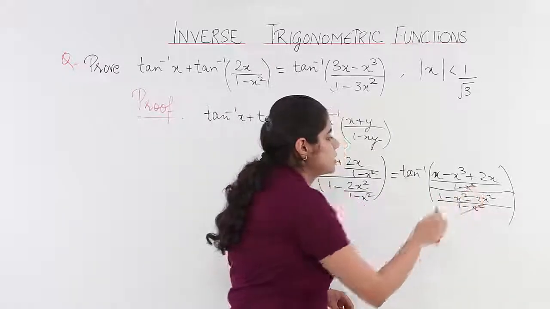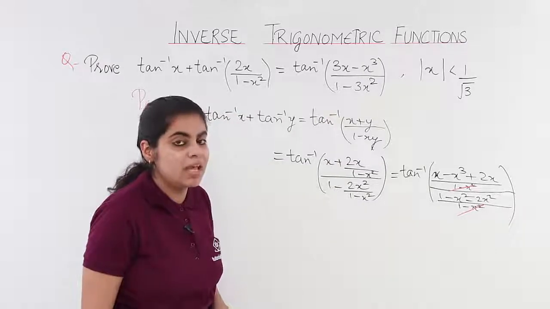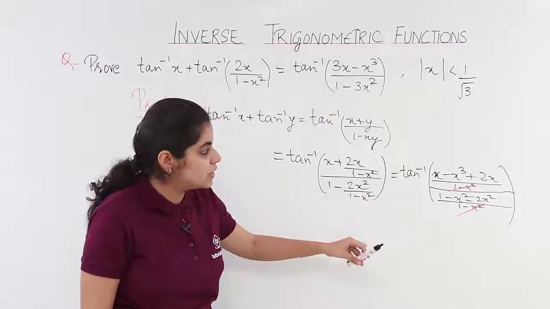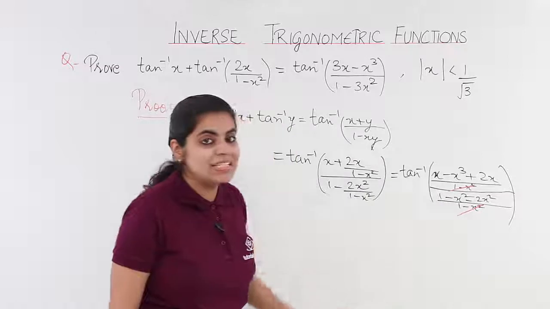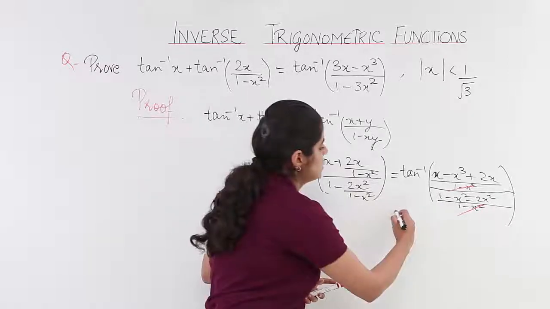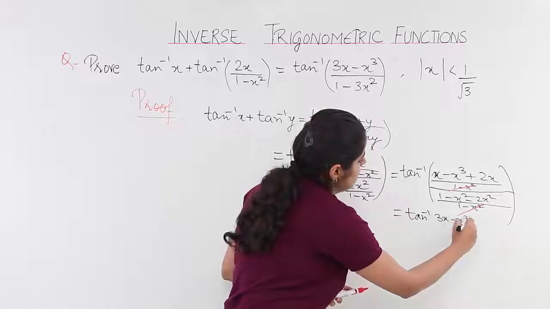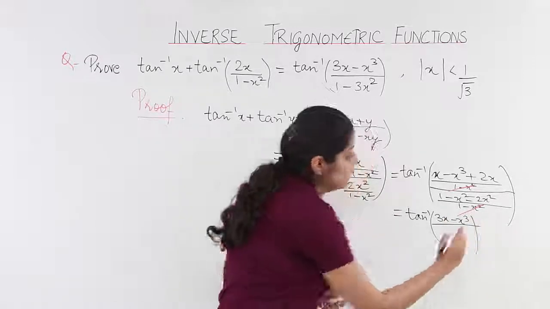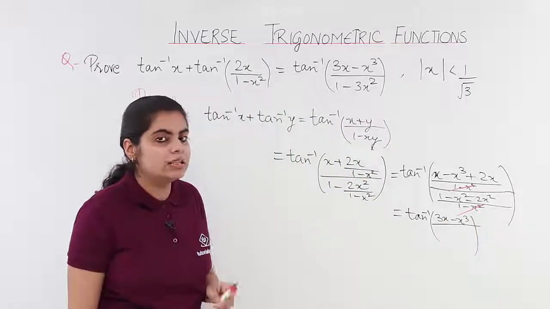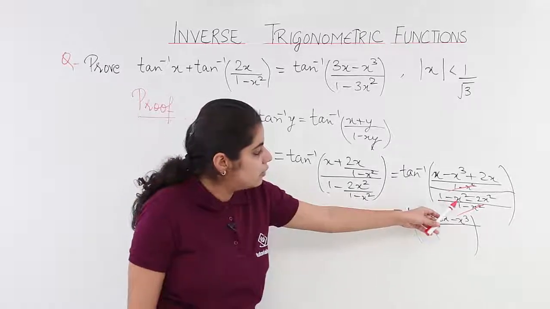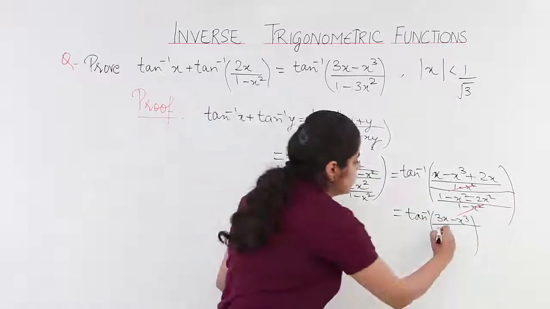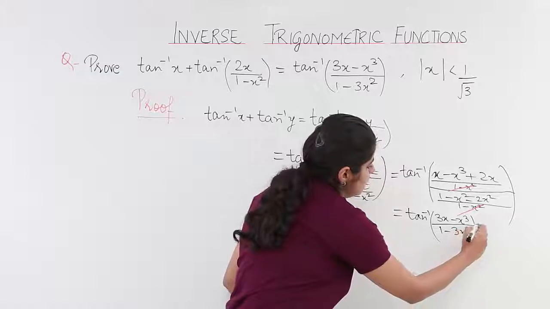Cancelling 1 minus x square with 1 minus x square, I have tan inverse, 2x plus x is 3x, so it is tan inverse 3x minus x cube in the numerator. What is in the denominator? The denominator has 1 minus 3x square.